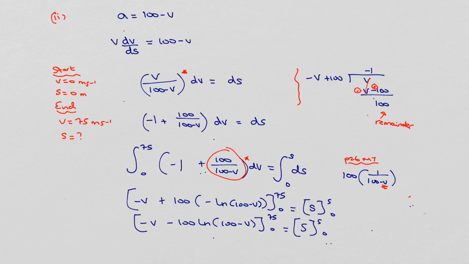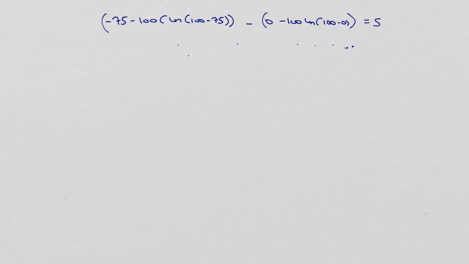So now if I sub in my limits and tidy up, I'm going to get on the left-hand side minus 75 minus 100 times the natural log of 100 minus 75. And then if I sub in 0, I get minus 0 minus 100 natural log of 100 minus 0 is equal to s.